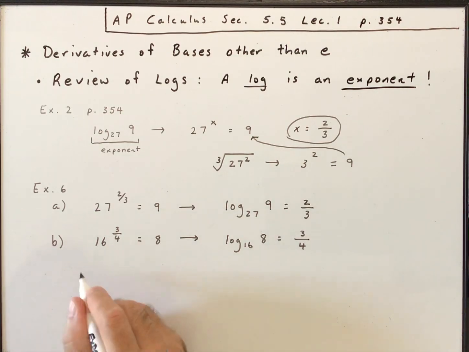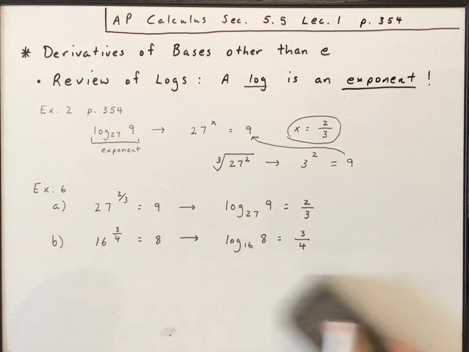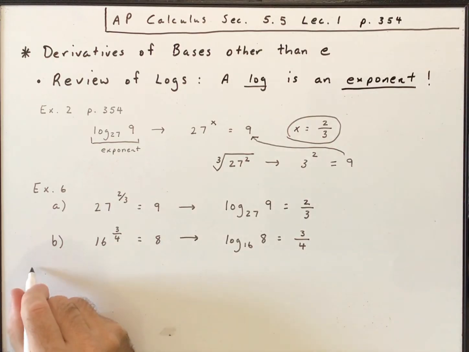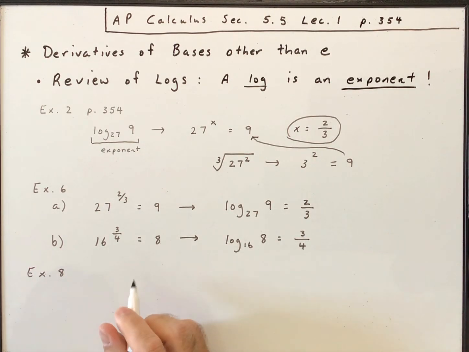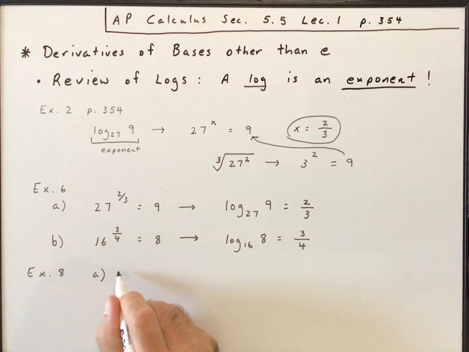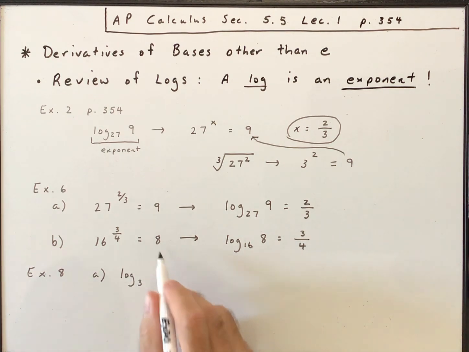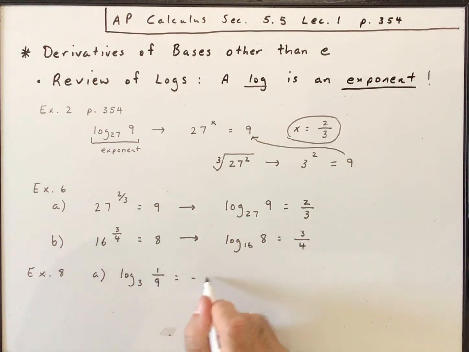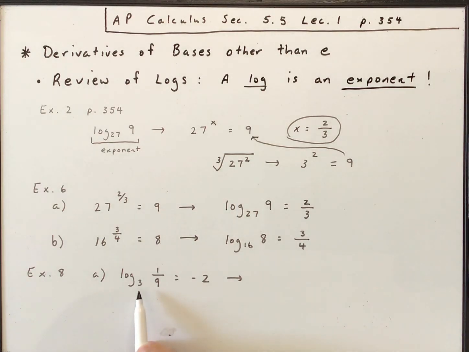So it's just a rearrangement of this exponential expression in terms of logarithms. All right, let's take a look at number 8. For that, part A says log base 3 of 1/9 equals -2. So we want to rewrite this as an exponential expression.